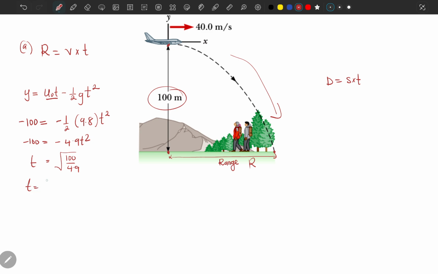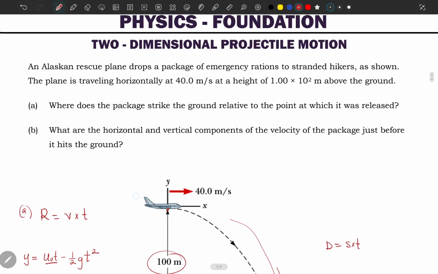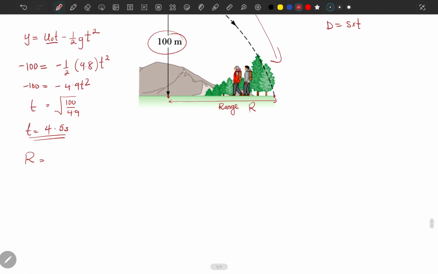The time I'm getting is 4.5 seconds. So now that time is known, we can find the range. Velocity has been given to be 40 meters per second. So 40 multiplied by 4.5, and I'm getting my range to be 181 meters. You can also call it just the range in the x.